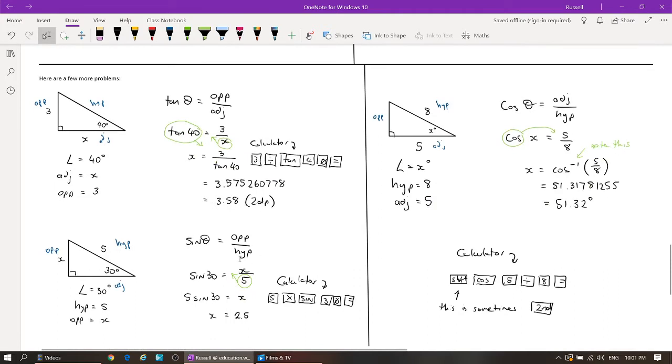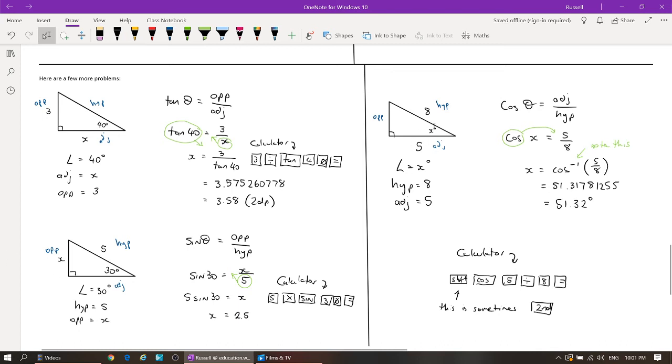Sine theta equals opposite over hypotenuse. The hypotenuse is on the bottom, the unknown's already on the top. Take that to the other side, put that into our calculator, there's the button presses there, and we'll find that x is 2.5. So if the hypotenuse is 5 and the angle is 30, we'll find that this length here is 2.5. Okay, one to go.